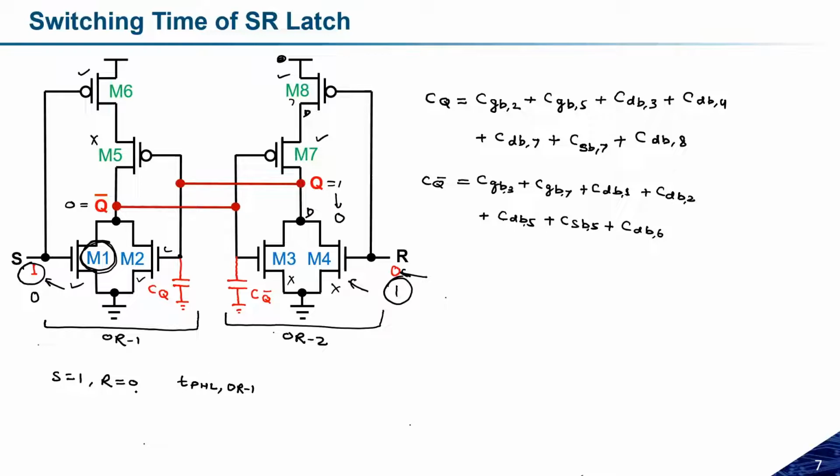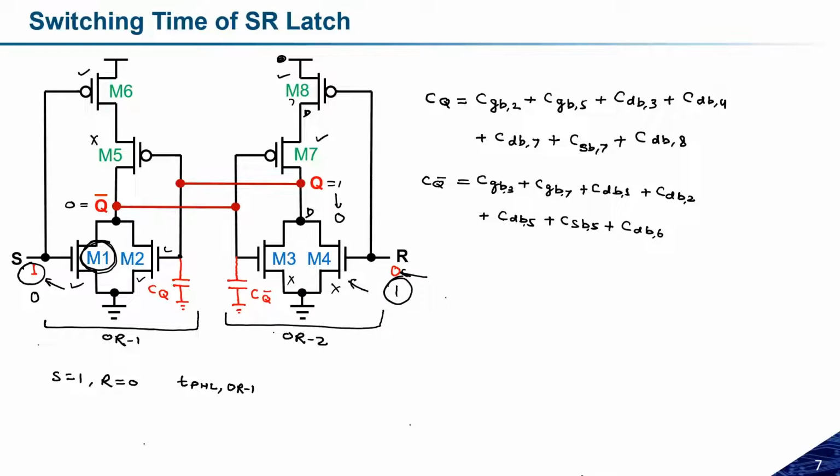Because in this case, S is equal to 1 and R is equal to 0, this M1 is going to be activated and it is going to discharge this output capacitance CQ bar. So CQ bar is going to be discharged, and that will be the tPHL, because of this R1.